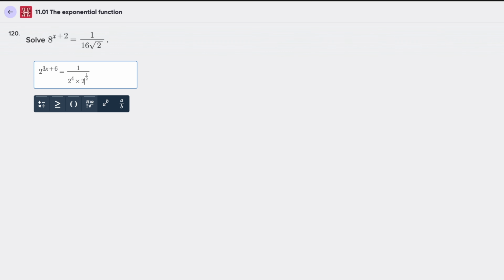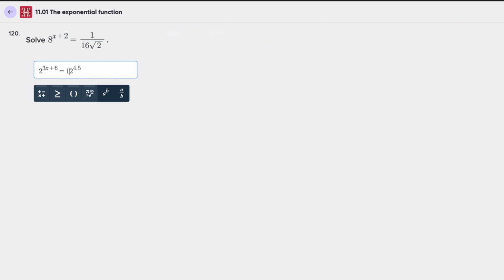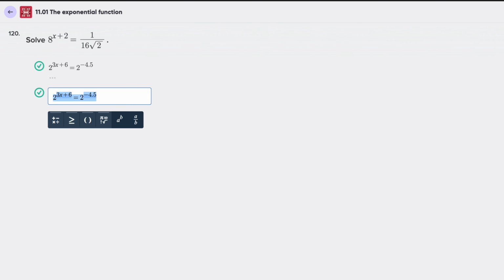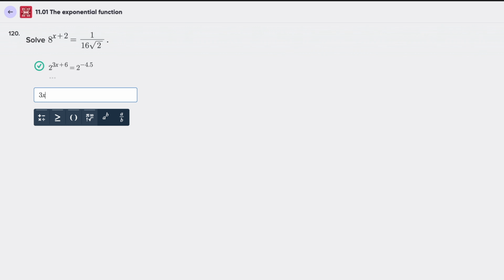We've got same bases, so we add the exponents. 4 plus 1 over 2 is 4.5. And 1 over 2 to the power of 4.5 is the same as 2 to the power of negative 4.5. So we've got 3x plus 6 equals negative 4.5.